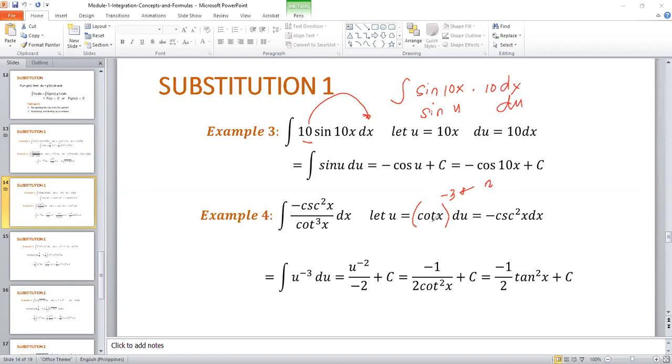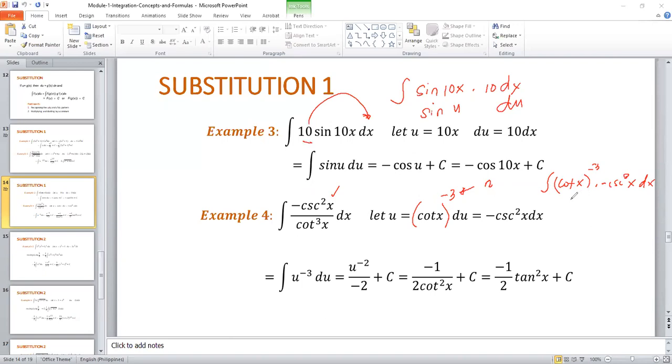The derivative of cotangent is negative cosecant squared x dx. So it's already in here in the numerator. So this could be written as or interpreted as cotangent of x raised to negative 3 times negative cosecant squared x dx.